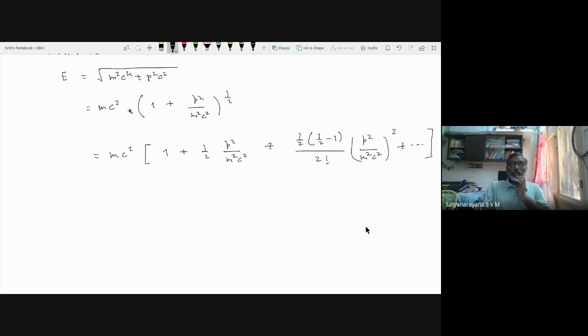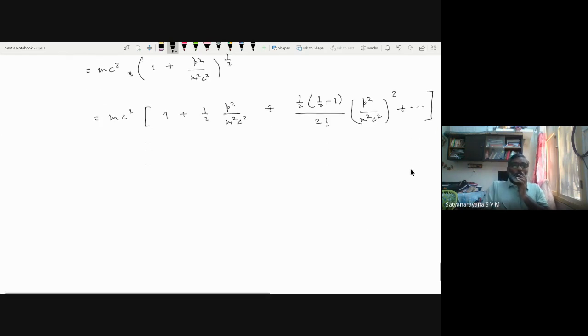You have infinitely many terms. This is a binomial expansion. So this you can write as mc square plus p square by 2m, minus 1 by 8 into p to the power 4 divided by m cube c square, plus so on.